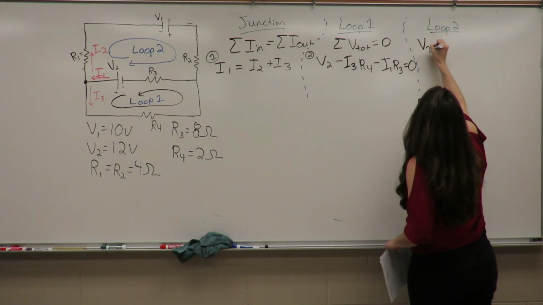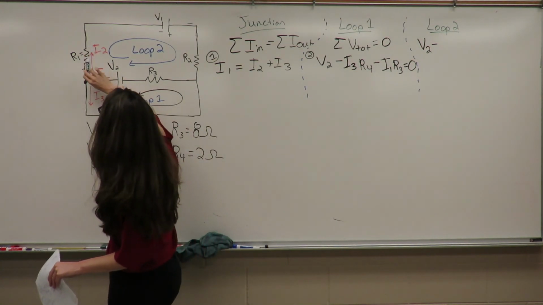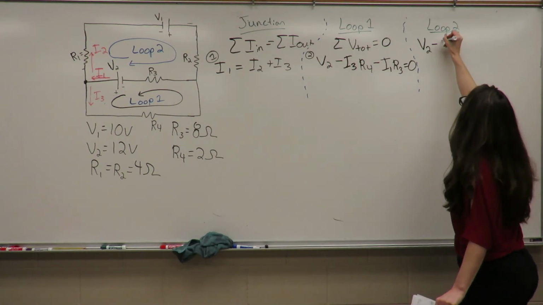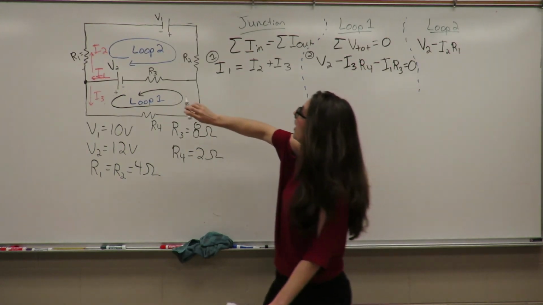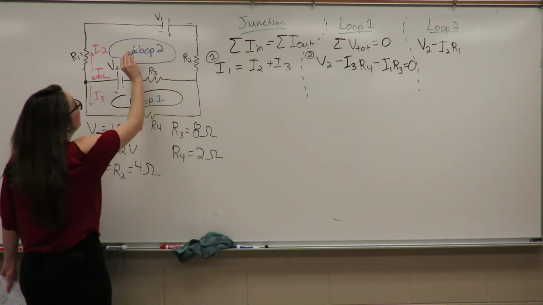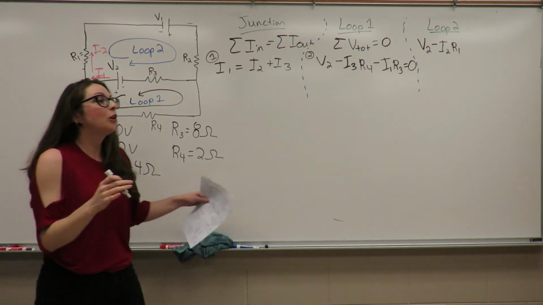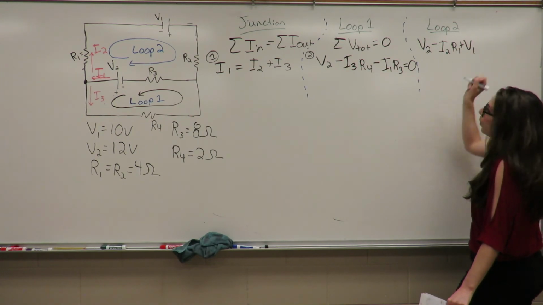So I'm going to say V2 minus, I'm going in the direction of current through resistor 1, minus I2 R1. Okay? And then in the direction of my loop, I'm going from the negative to positive terminal of V1. That's an increase in potential, so I'm going to call that positive V1.